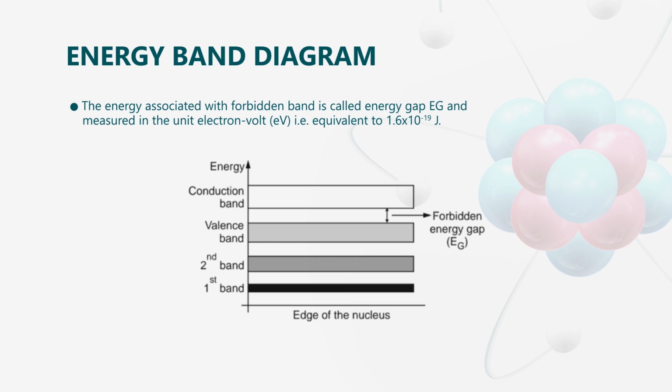Starting from the lowest one, as we have discussed, the orbit which is closer to the nucleus will have the lowest energy. So, that is represented by the first band. The second band will have energy greater than the first band, but less than the outer orbit.